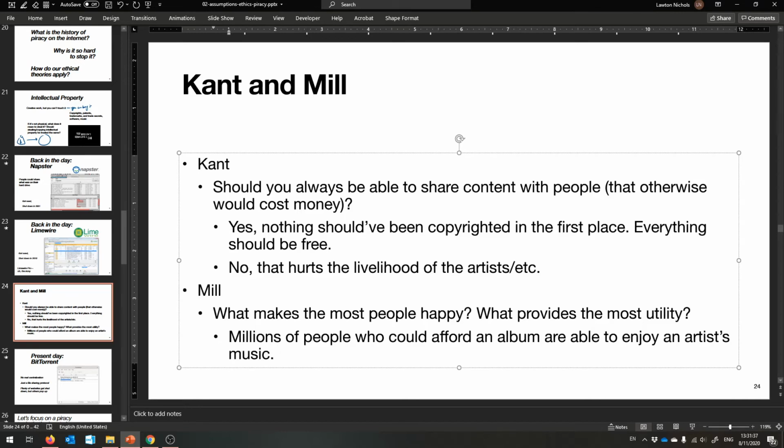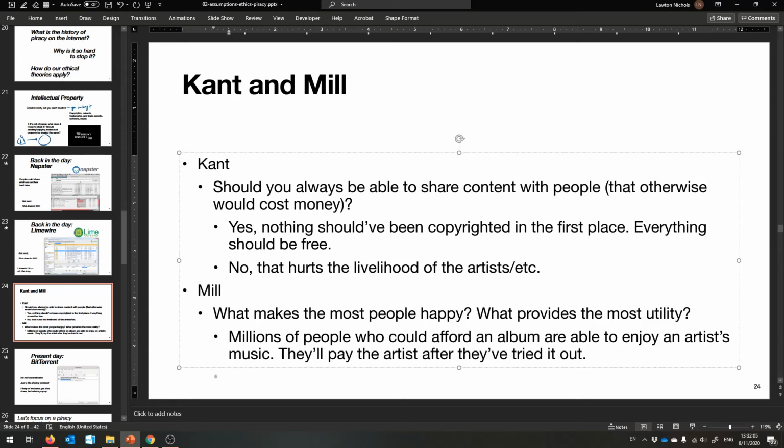They just wanted to try it out, and now they'll actually pay the artist. Or they'll go to concerts, things like that. That's the idea. So that would be a way of using utilitarianism to argue that stealing copyrighted content, intellectual property, is okay.